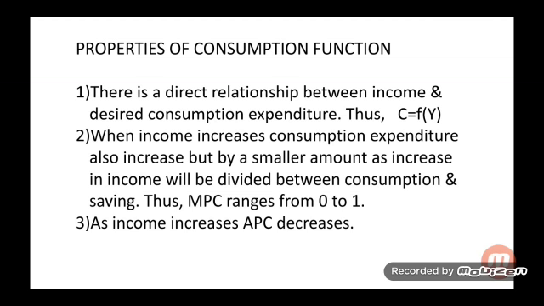Second one, when income increases, consumption expenditure also increases, but by a smaller amount, as increase in income will be divided between consumption and saving. Therefore, MPC ranges from 0 to 1.